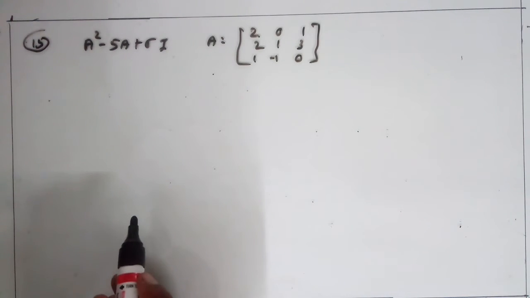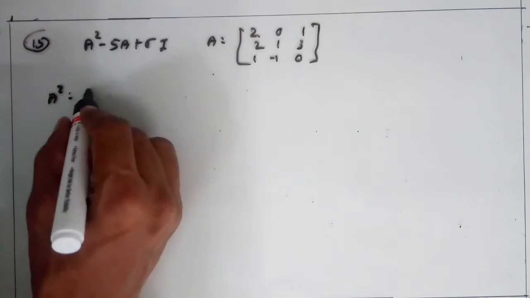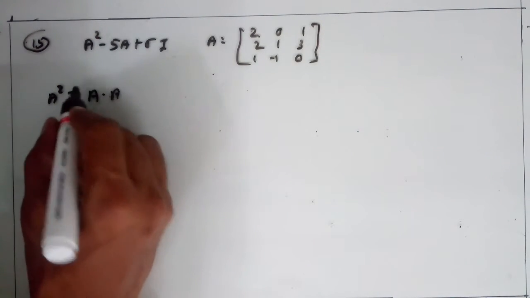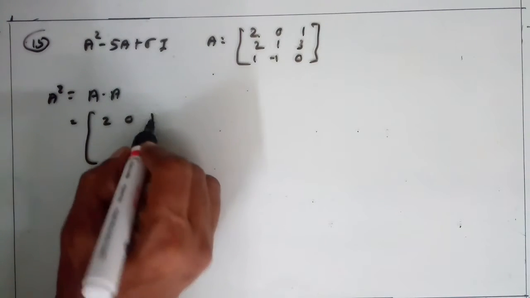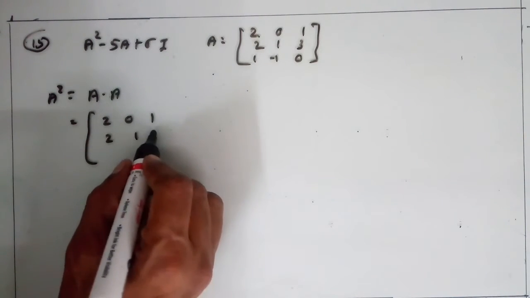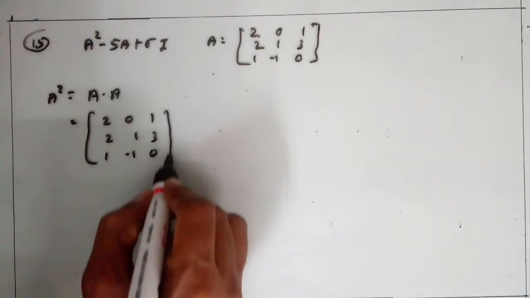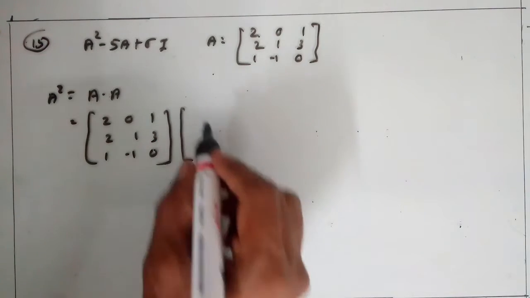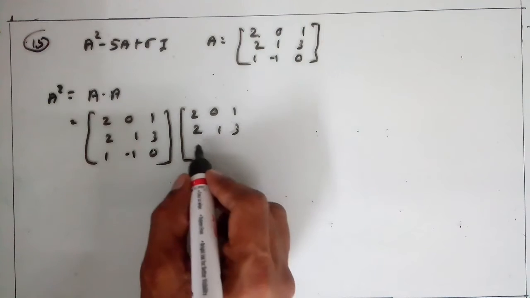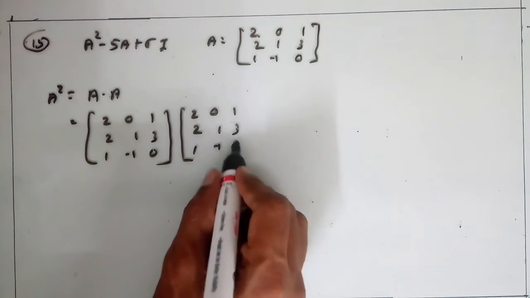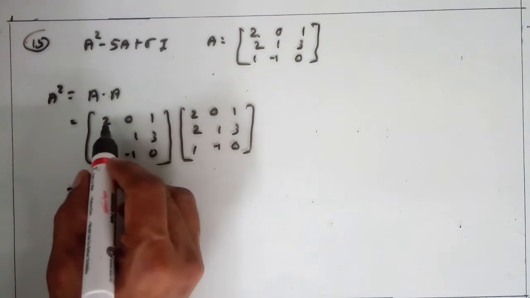We know how to find X square: X square is equal to A into A. So matrix A is equal to [2 0 1; 2 1 3; 1 -1 0]. Clear? Into [2 0 1; 2 1 3; 1 -1 0]. Now get the matrix multiplication of these two matrices.